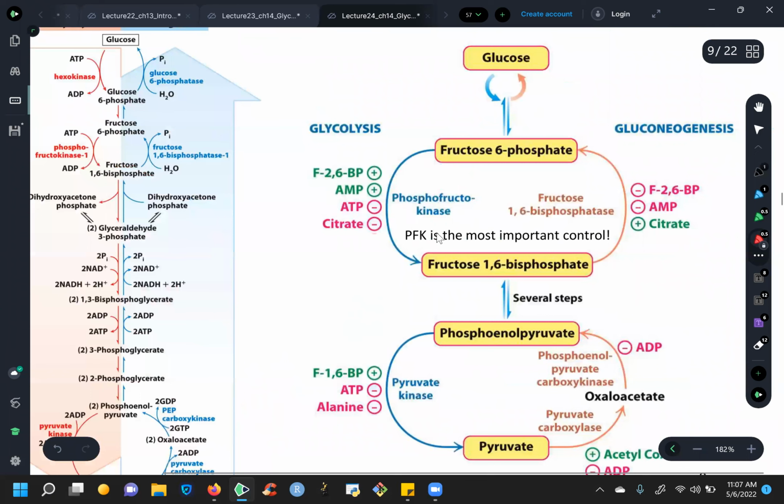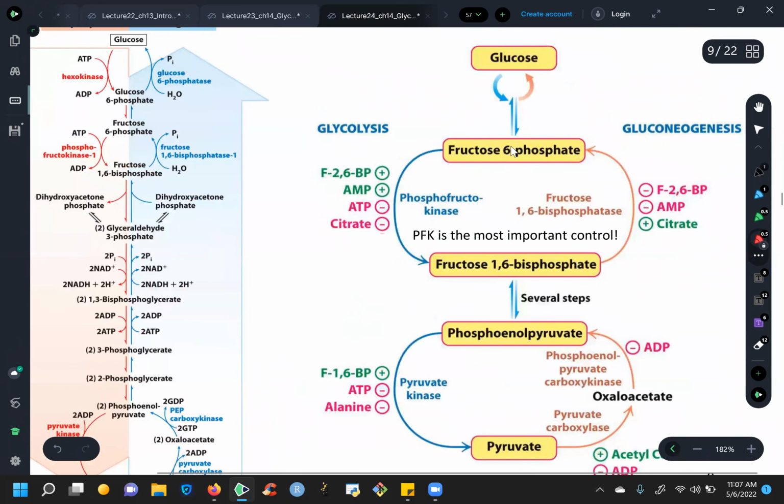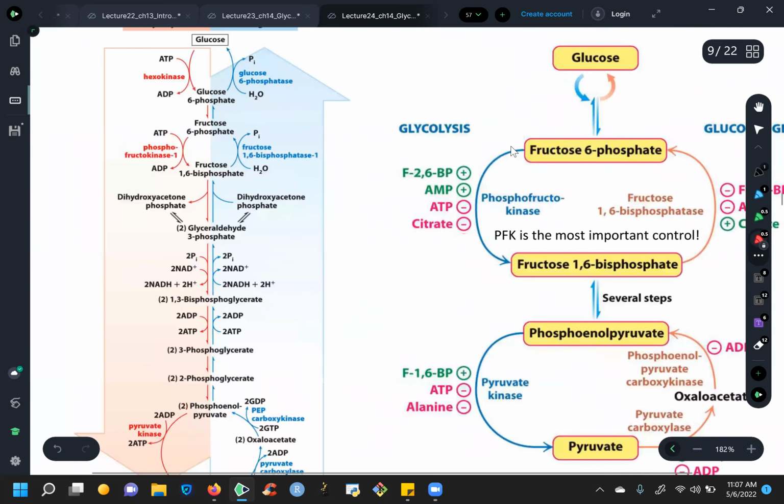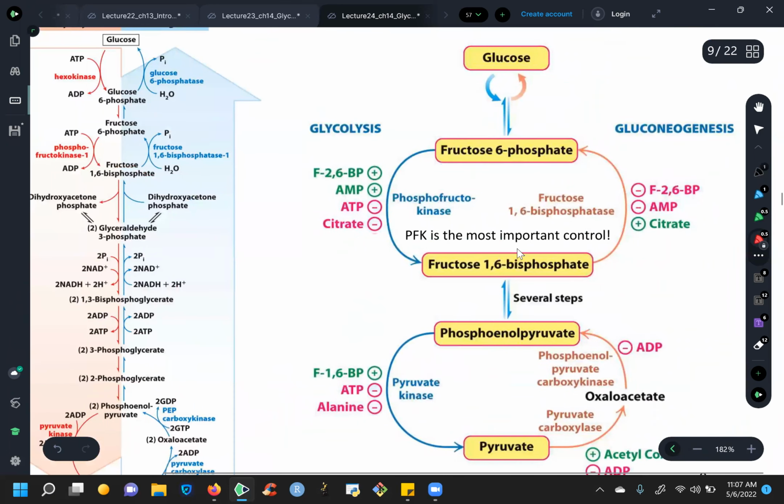So this is reaction... where are we? Fructose 6-phosphate to fructose 1,6-bisphosphate. So this is reaction 3. This is one of those with a highly negative delta G, so it's irreversible.